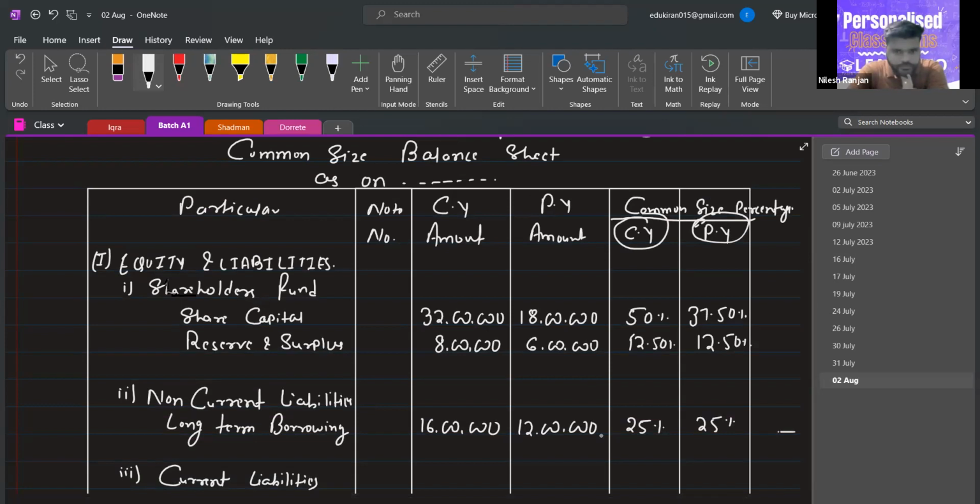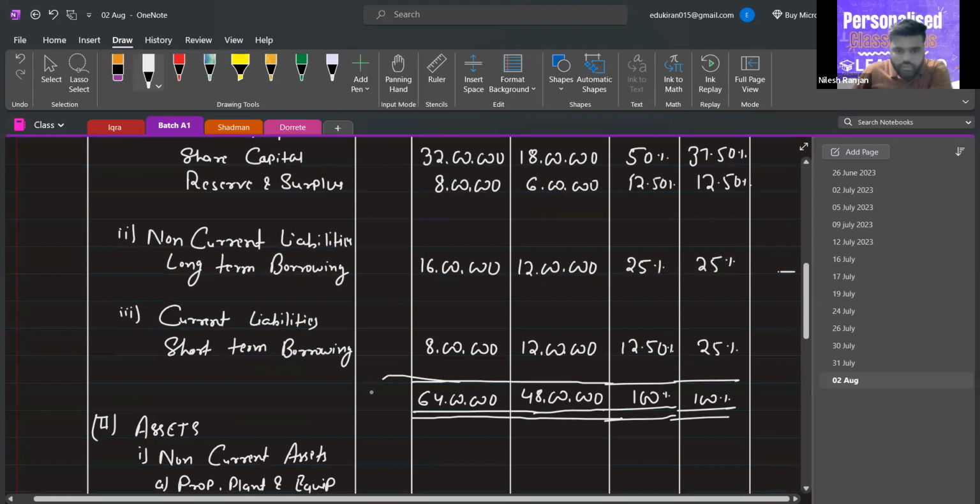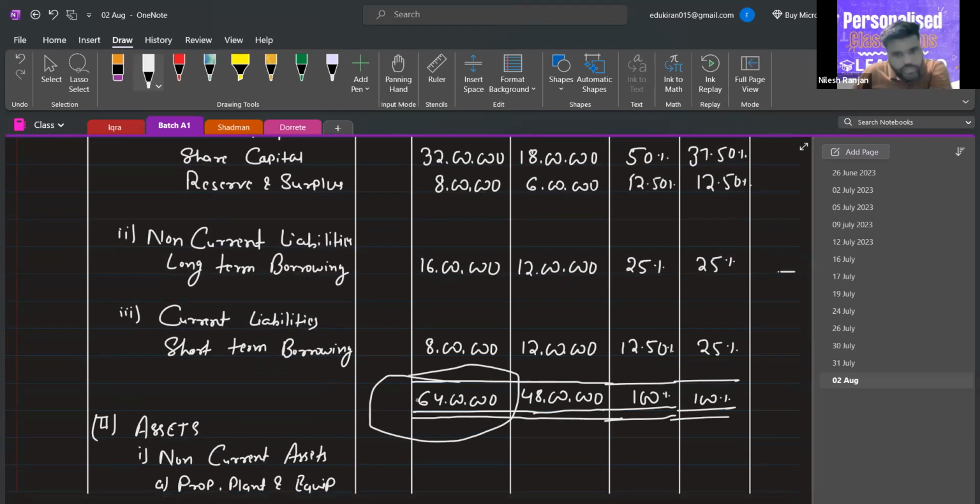Sir, should the percentage always add up to 100%? Obviously, because you are calculating on the basis of this amount. The total will always be 64 lakhs, so the percentage of all of these items will always be equal to 100%.